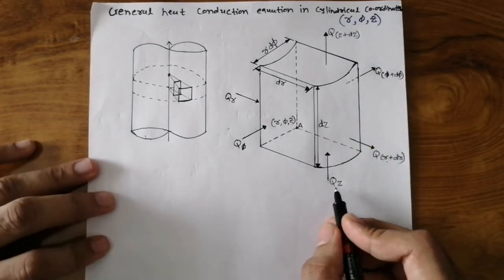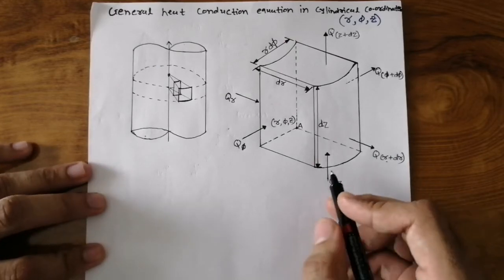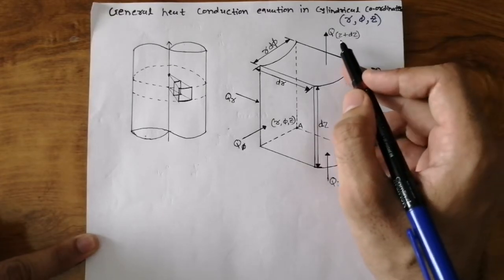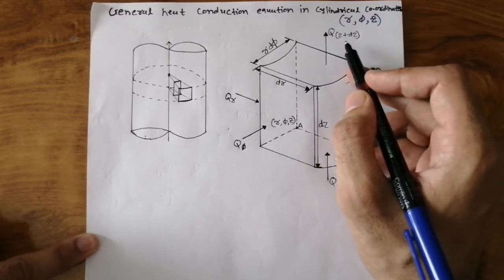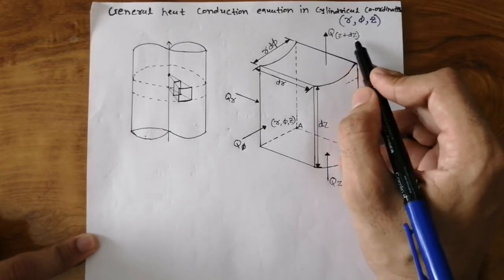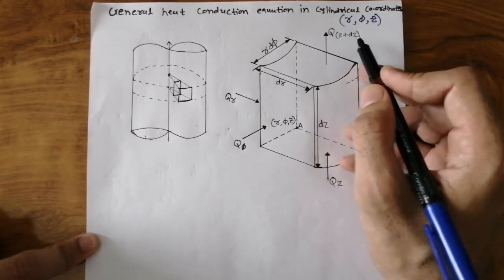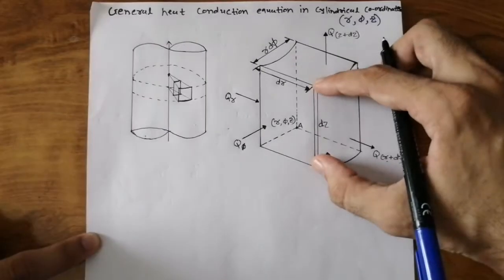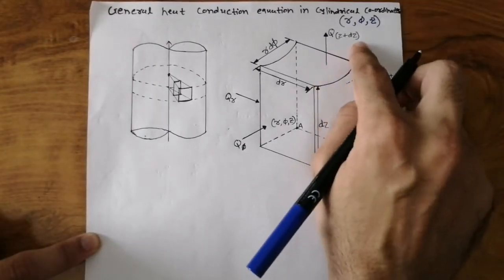Qz means the rate of heat flowing into the element in the axial direction, and Qz plus dz means heat flowing out of the element. Why should we write z plus dz? In the axial direction the thickness of the element is dz, so we write z plus dz.